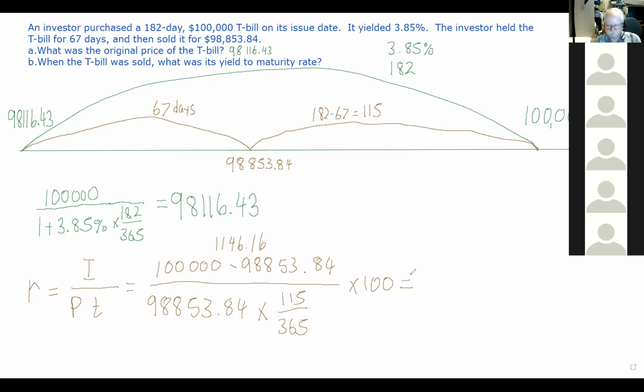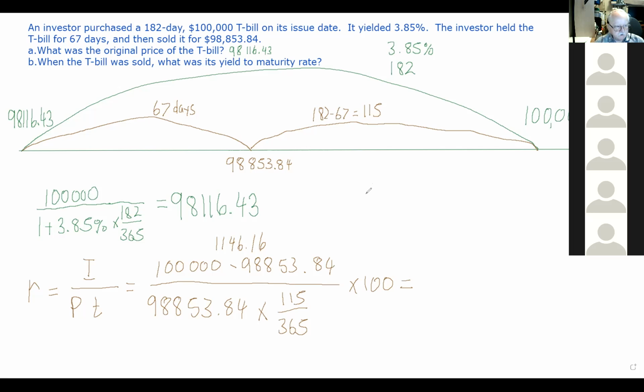For some reason that didn't work on my calculator. 115 divided by 365 times 98,853.84 equals 1 over x times 1146.16, and then times 100.